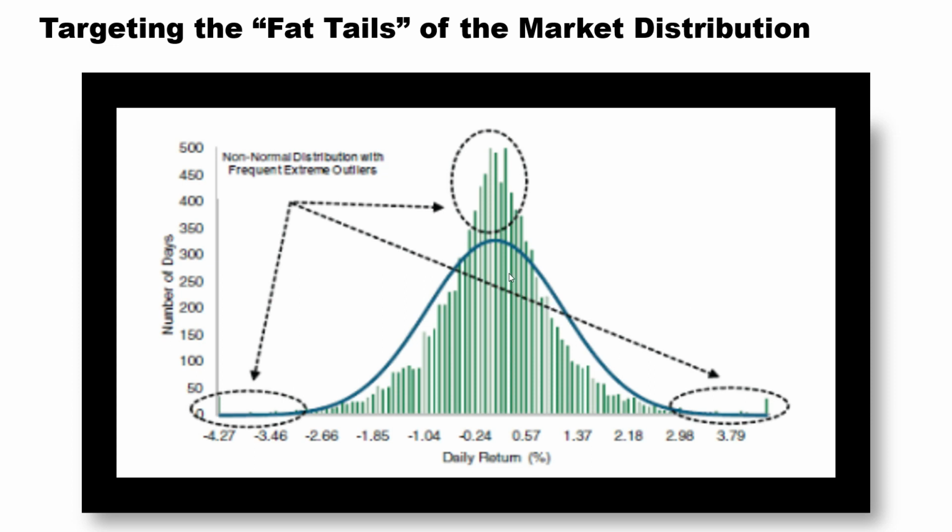Now, having an understanding of where your edge resides in the market distribution of returns is critical, as it defines whether you need to apply a divergent or convergent trading style to respond to this edge.